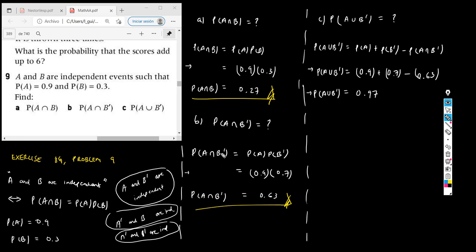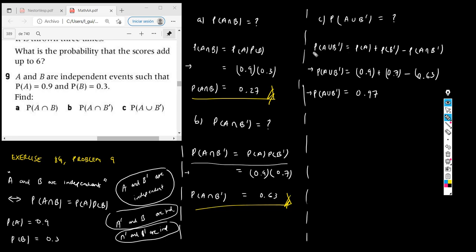So these and these are independent, therefore I can write this formula. I can substitute P of A is this, P of B prime is this, and thus I can find the solution for the probability of A and B prime. And finally, the probability of A or B prime.